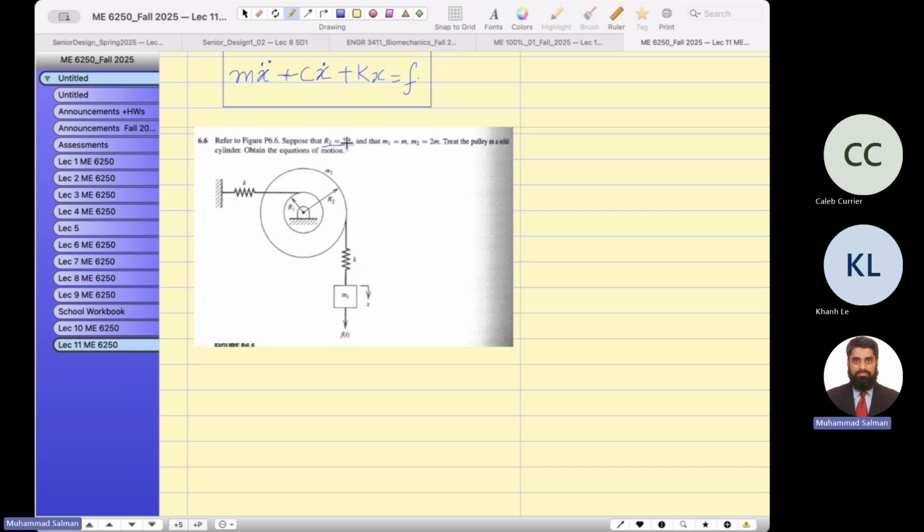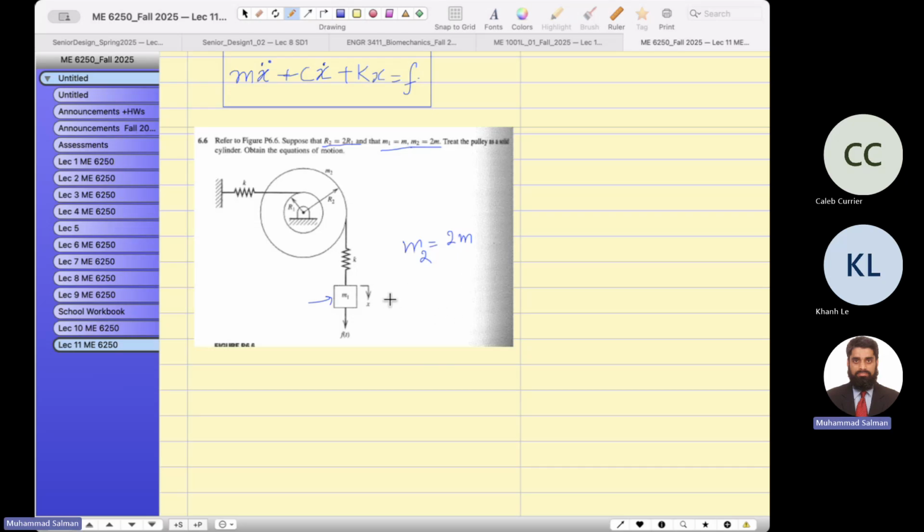And this is given here, and mass M1 equals 2 times the mass M2. The mass of the pulley is 2 times the mass of the hanging mass, which is the vertical mass here.